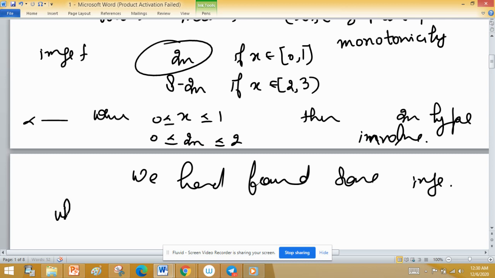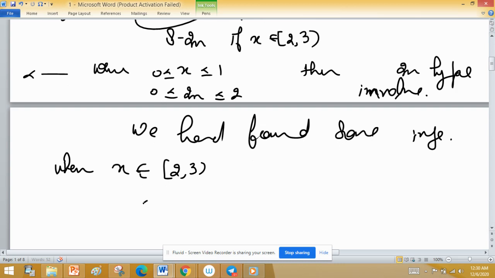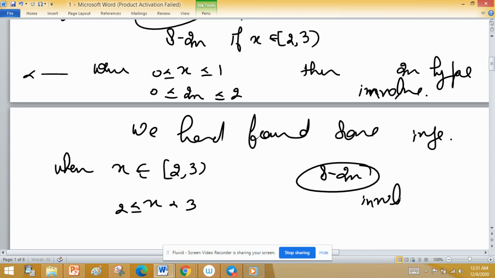Now for when x is coming from the semi-closed interval [2, 3), it means x is greater than or equal to 2 and less than 3, and we want to make an inequality of the type 8 minus 2x. So multiply first by 2, so it will be 4 less than or equal to 2x less than 6.